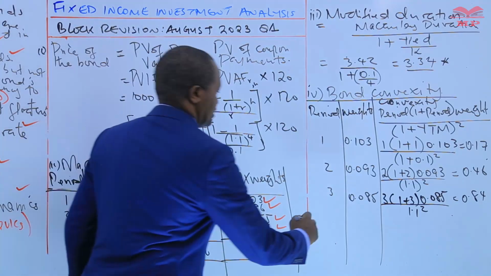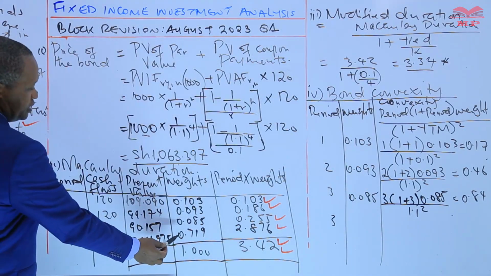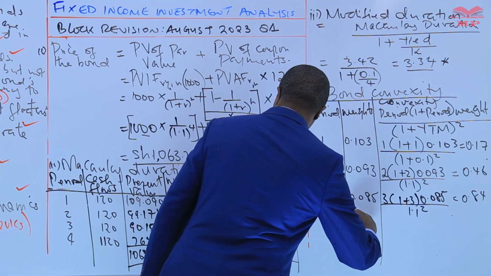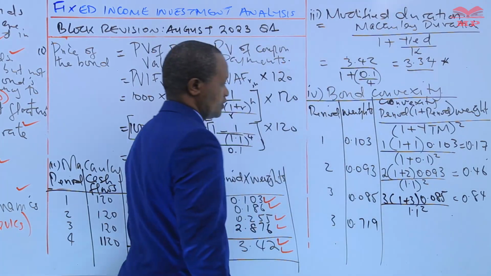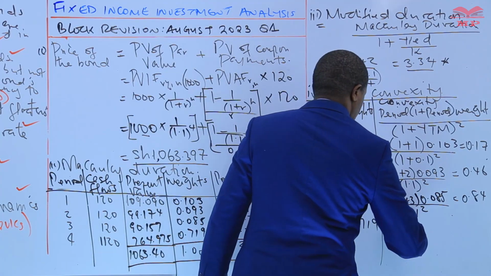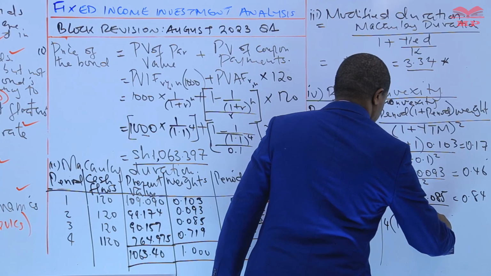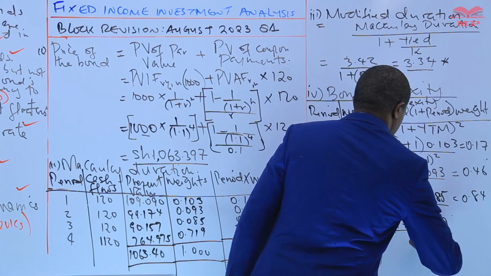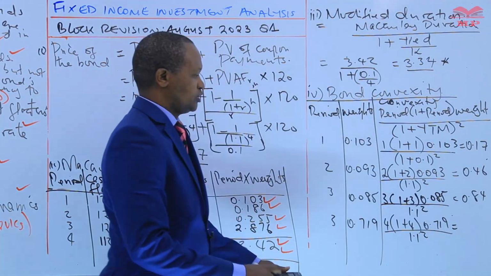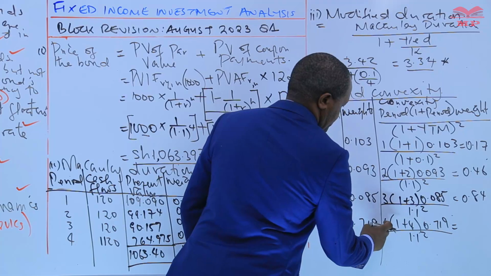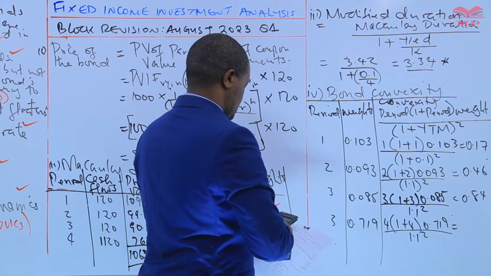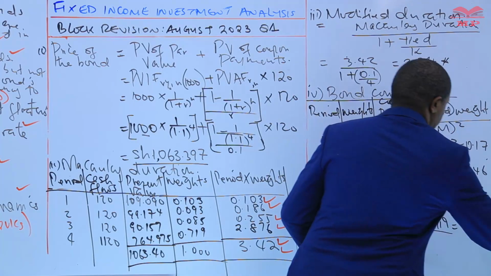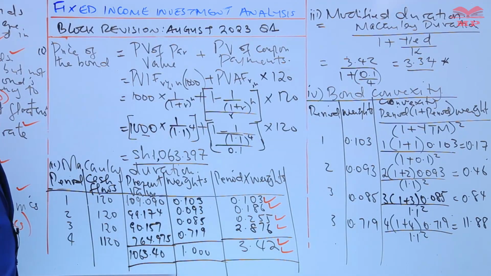Then the last period, the weight 0.719. Period is 4 into 1 plus 4, 0.719, we divide by 1.1 squared. So 1 plus 4, 5 times 4, 20 squared. 11.88 is convexity fourth.